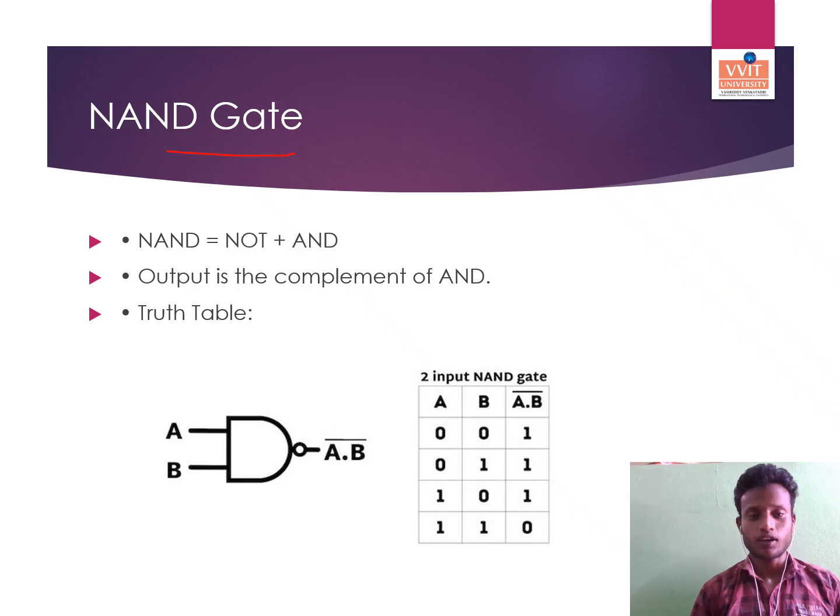Now we are going to the NAND gate. We have two universal logic gates, NAND gate and NOR gate. NAND gate is equal to NOT and AND. That means the complement is nothing but a NOT gate.